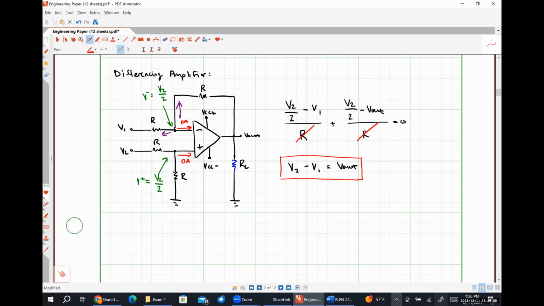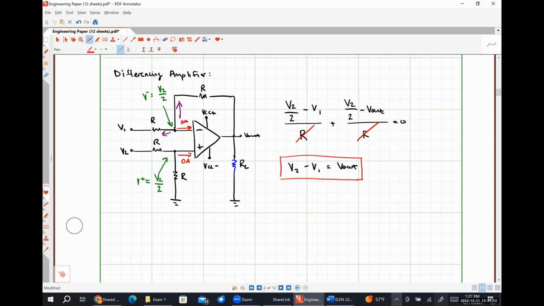I would argue that a better way to do that would be to chain an amplifier to the front of this that scales V1 by a specific amount, chain an amplifier that scales V2 by a specific amount, and then just take the difference of those things, as opposed to trying to figure out how these 4 resistors wind up working together to get us the answer that we want. So this is as simple as differencing can get. We can make it more difficult by making these R's have different values.